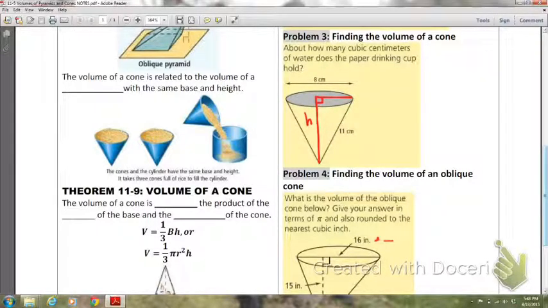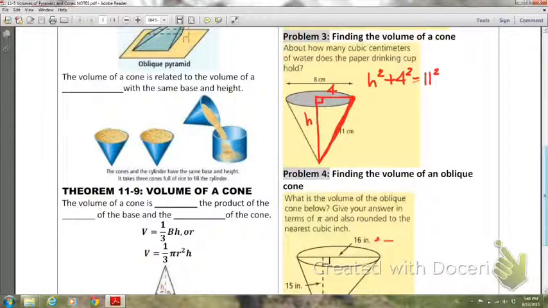The radius is going to be half the diameter, so that's 4. And your slant height, which is the hypotenuse of the right triangle, is 11.